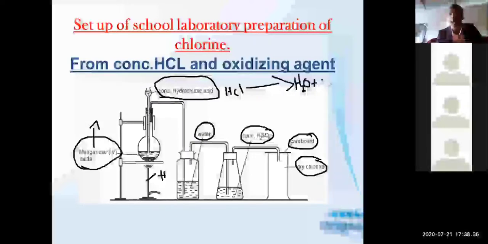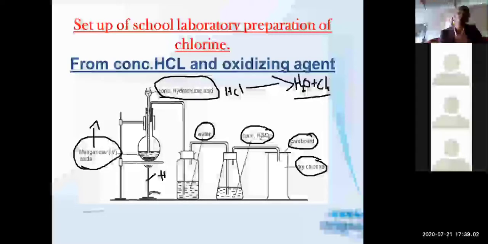The chlorine gas is a diatomic gas. And maybe we didn't say that chlorine is atomic number 17 in the periodic table. Now this chlorine gains 1 electron to become stable, forming an ion, that is the negatively charged ion.